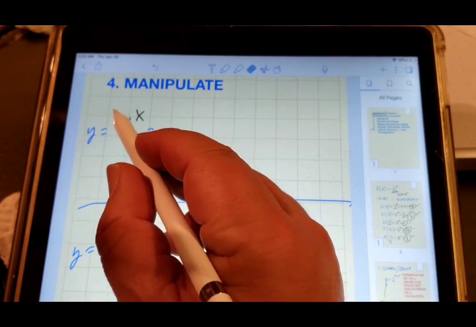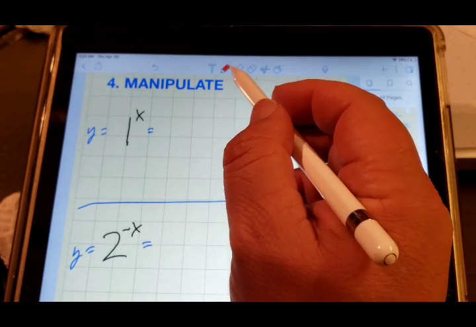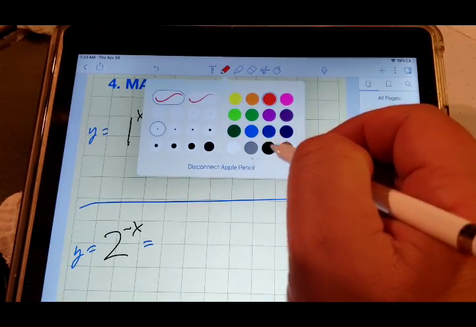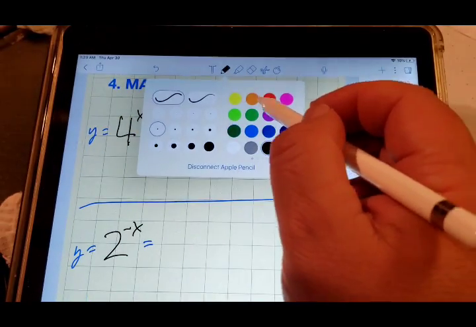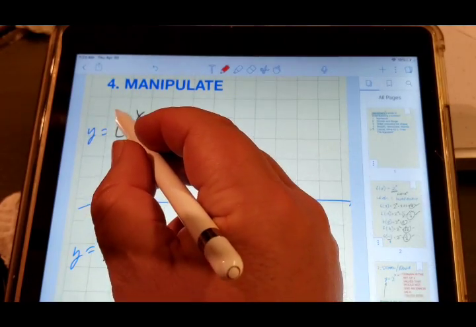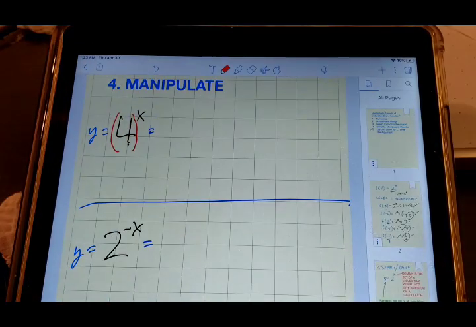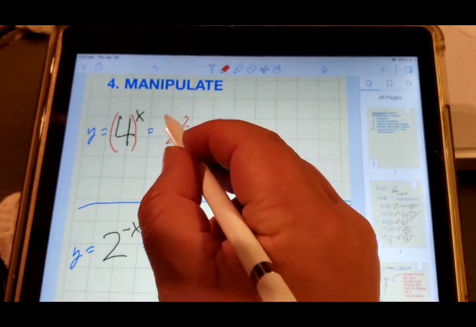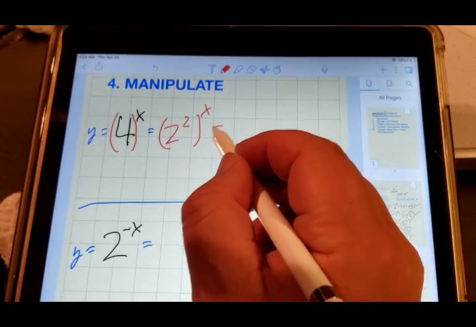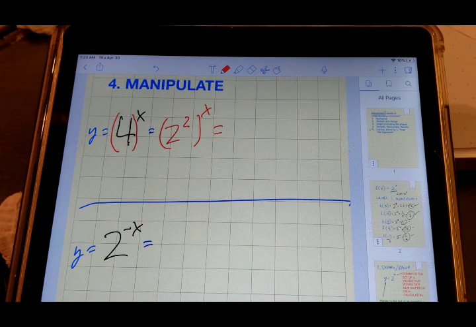Well, you might have seen it. I'll go in some other color, and I want to think of this function's 4 as 2 squared. Again, I'm not saying this is unnecessary rewriting or manipulation, but it's a possible manipulation.